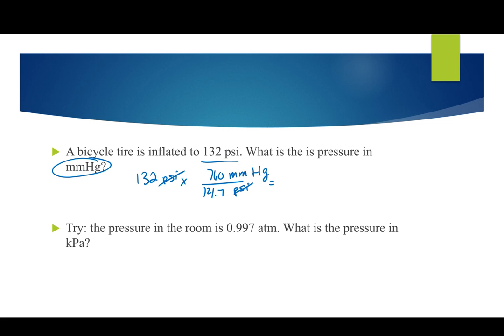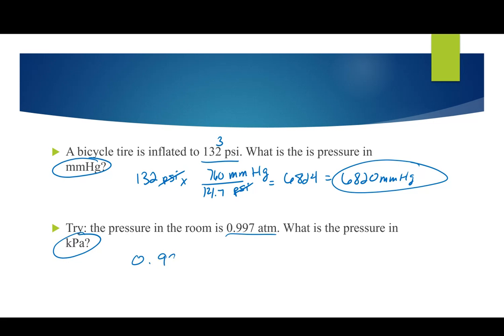This is going to give me 6,824. I can only use 3 sig figs because there's 3 sig figs in the 132, so 6,820 millimeters of mercury.